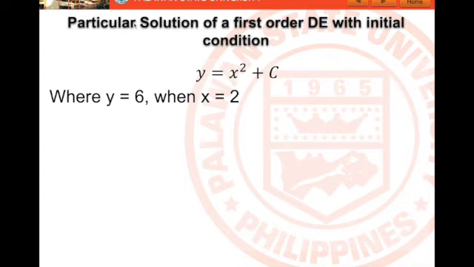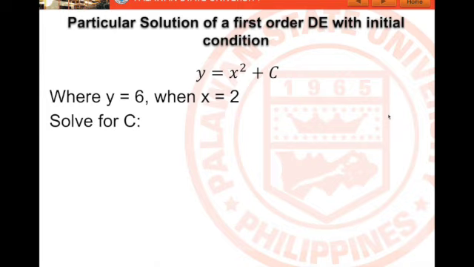For the particular solution, this would no longer be plus c. We will be looking for a value based on our given initial conditions here. So what we will do next is just to plug these given initial conditions into our complete solution or general solution to solve for the arbitrary constant c.